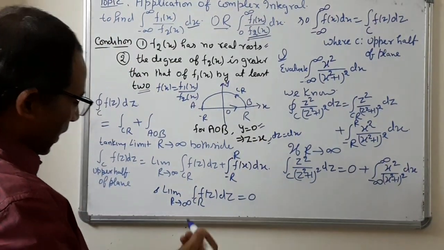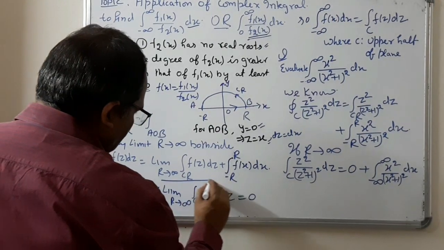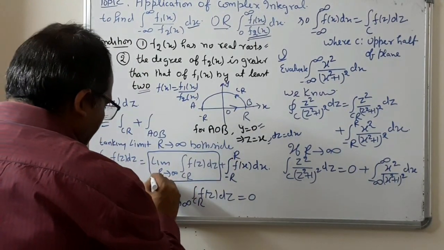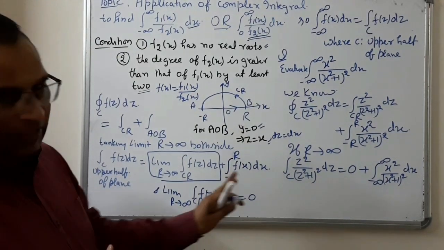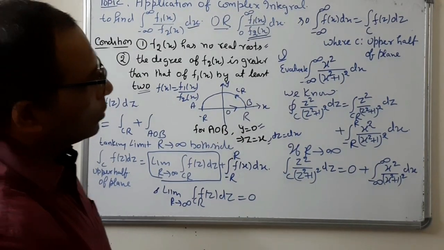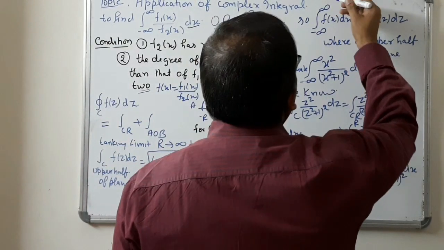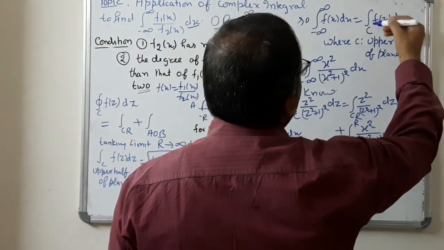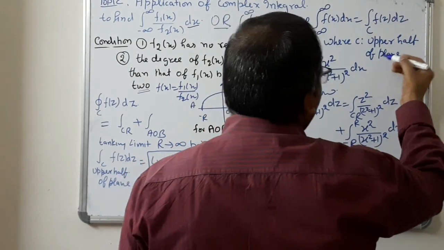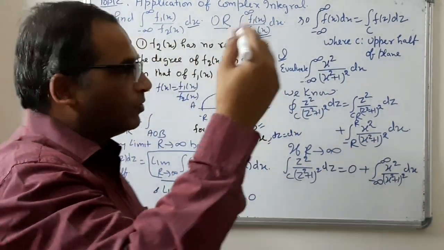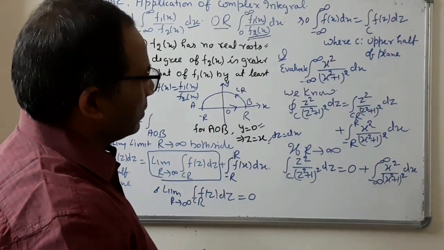The first integral always tends to 0 when r tends to infinity. So the integral from minus infinity to infinity of f(x) dx is equal to the integral on C of f(z) dz, where C is the upper half of the plane.